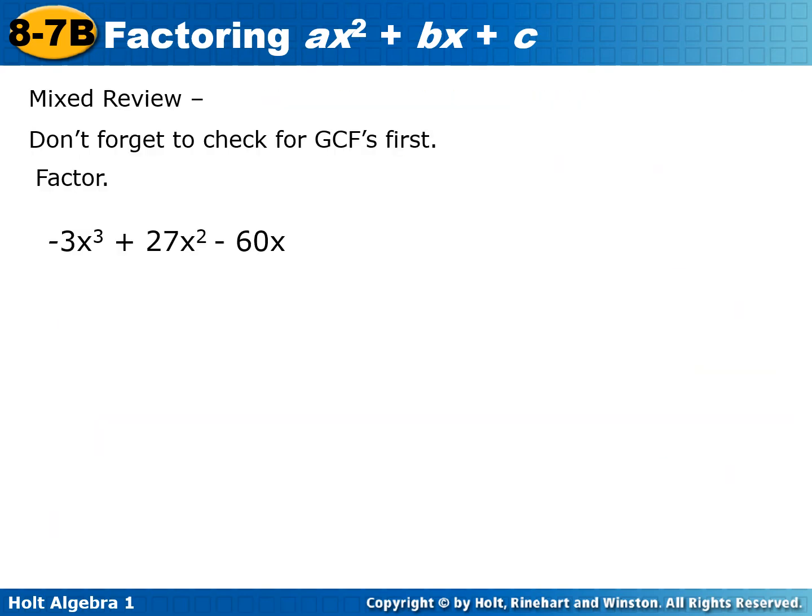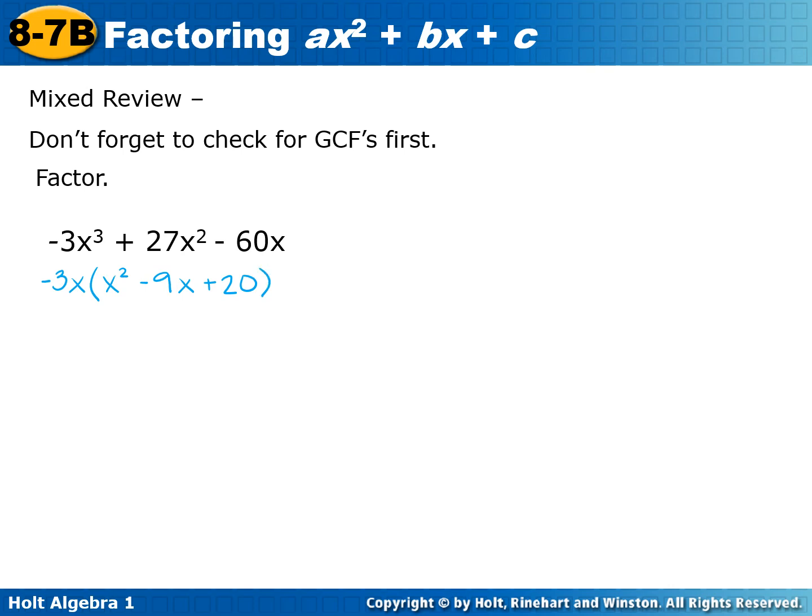All right, negative 3x cubed plus 27x squared minus 60. I can factor out a negative 3x. I'm left with x squared minus 9x plus 20.